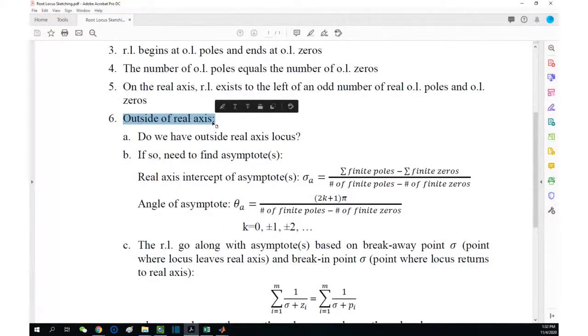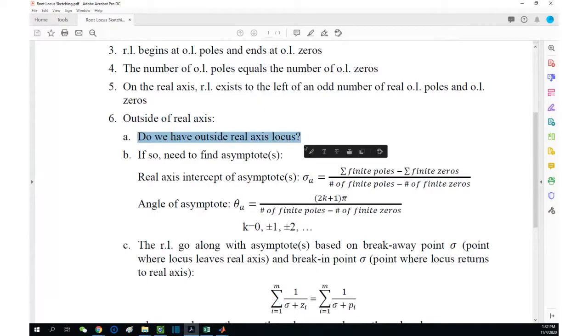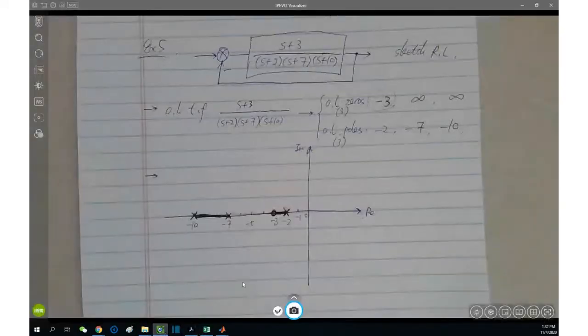Outside the real axis. First of all, you need to think: do we have outside real axis Root Locus? Let's come back to see. Do we have any? Anyone knows? And where is it roughly?